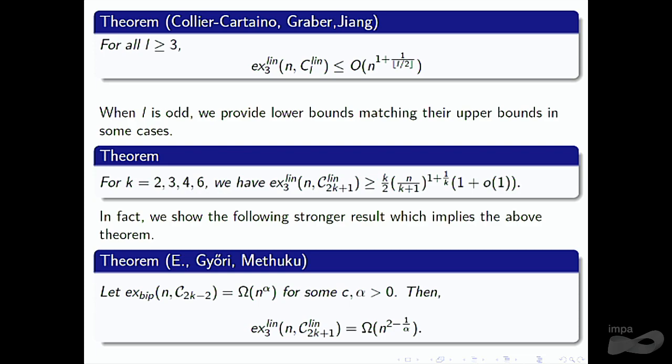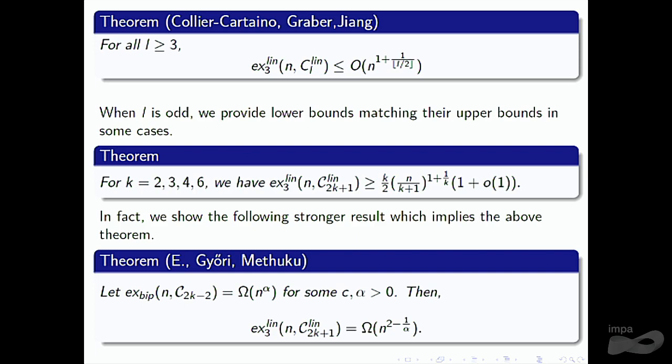We have a theorem that if k is equal to 2, 3, 4, and 6, we match this lower bound asymptotically. But here L is different and k is different. So L will be 2k plus 1, and if you substitute, you will get the same exponent as there. And actually, we proved a more general theorem, but we could not get a sharp bound for other k's.